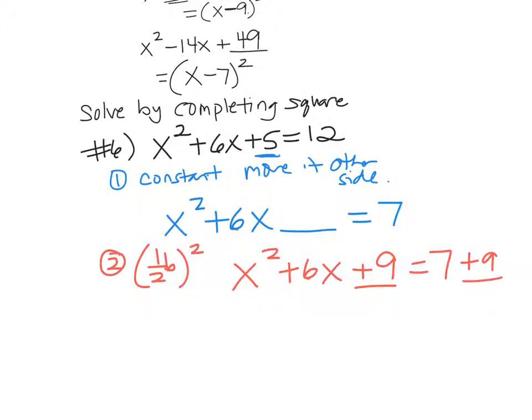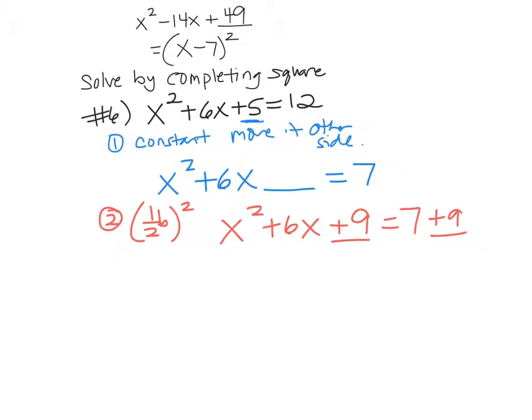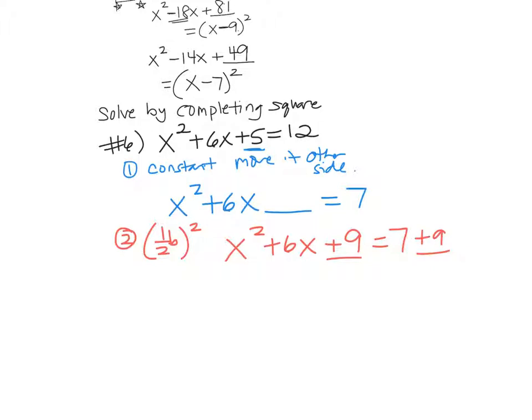This is an equation. I think of it like scales, and if I add 9 to this side, my scales aren't balanced anymore. I have to add 9 to the other side too. Now we clean that up a little bit. So we get x squared plus 6x plus 9 is equal to 16.